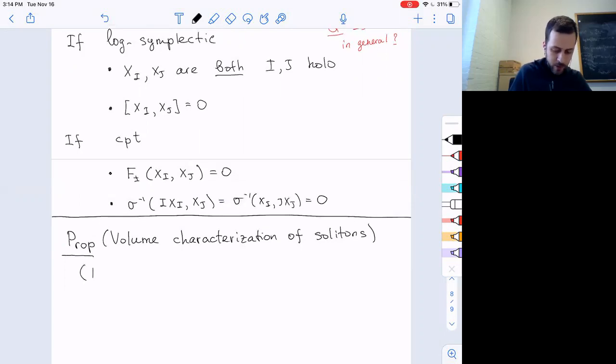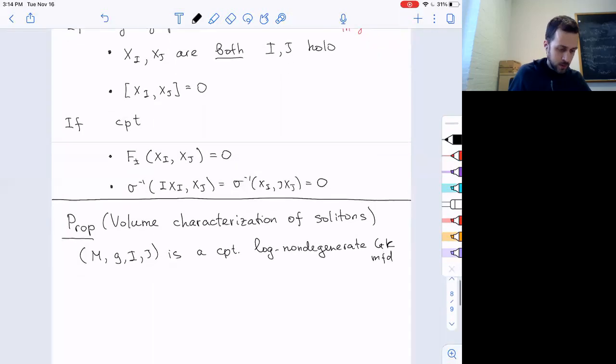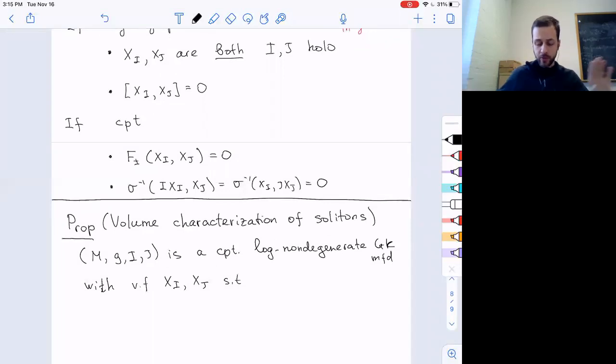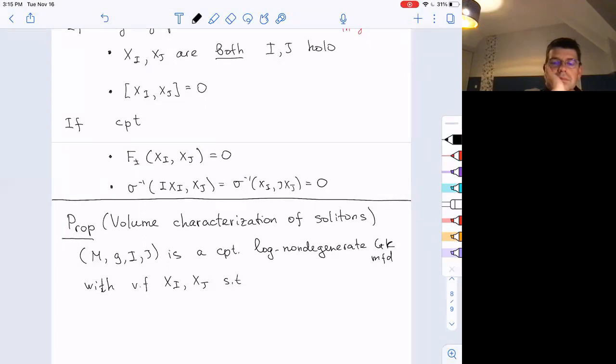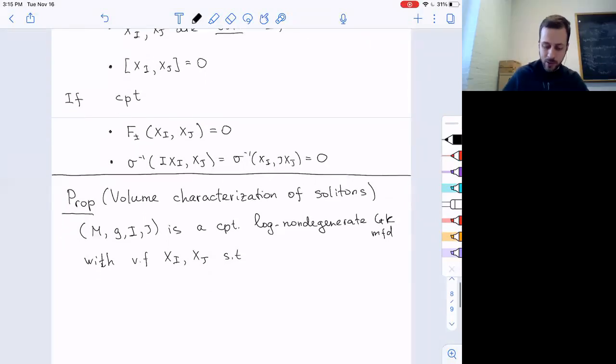So we assume the following. M, g, I, J is a compact log non-degenerate generalized Kähler manifold with vector fields Xi and Xj, which are just arbitrary vector fields satisfying certain properties, and they will be, in the end of the day, the Xi and Xj corresponding to the soliton.